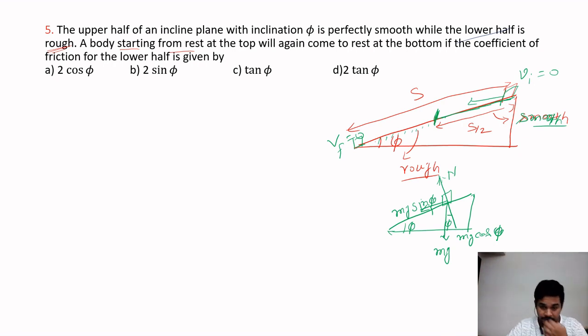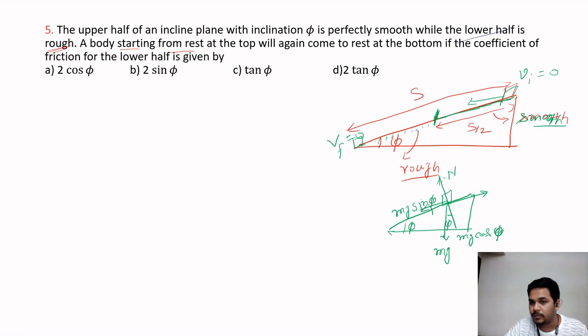Now friction will act opposite to the relative motion. Because this block is going down, friction will act in the upward direction, not in the first half. Remember, I am just showing it here for diagram purposes, but it will start acting in the second half.